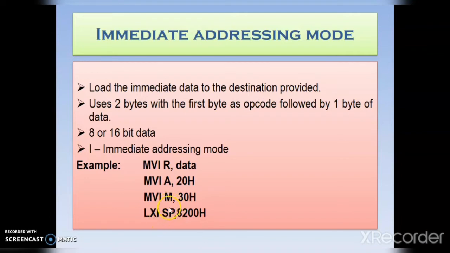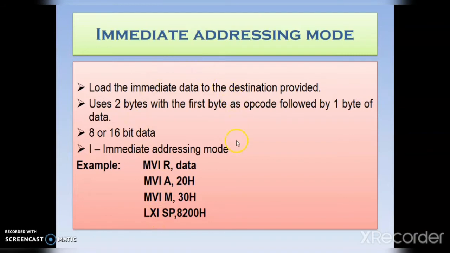The function of this instruction is that it moves the 16-bit immediate data, that is 8200, into the stack pointer SP. Here LXI represents load the immediate data.